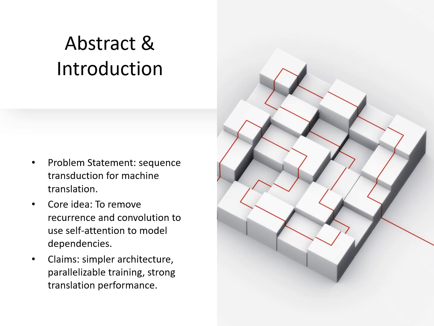So the problem statement. The main goal of this paper was to carry out sequence transduction for machine translation, and the specific task carried out was translating from English to German and from English to French. And the core idea here was to remove recurrence and convolution and to use only self-attention to model dependencies.